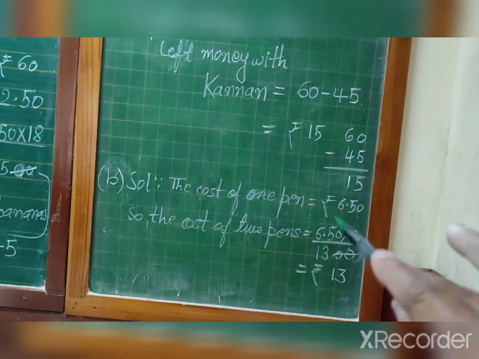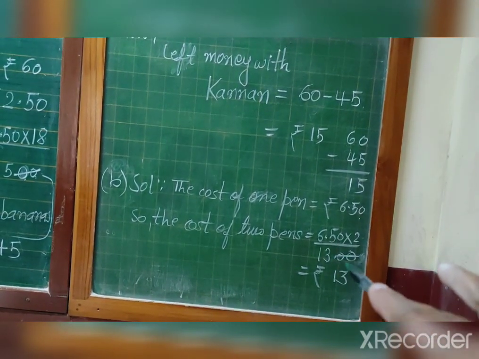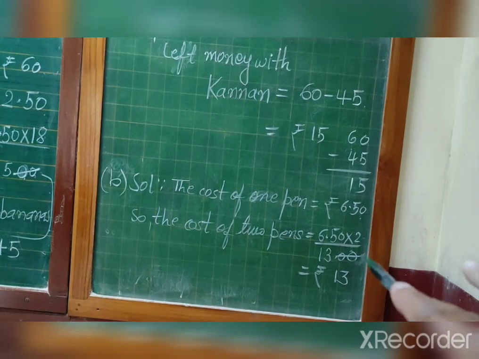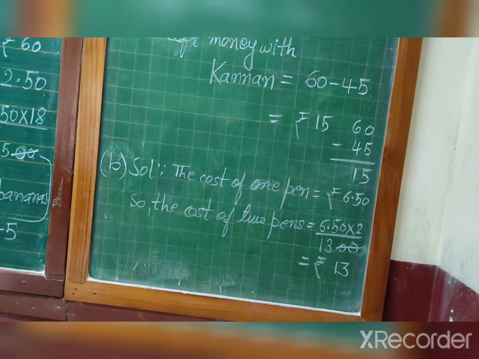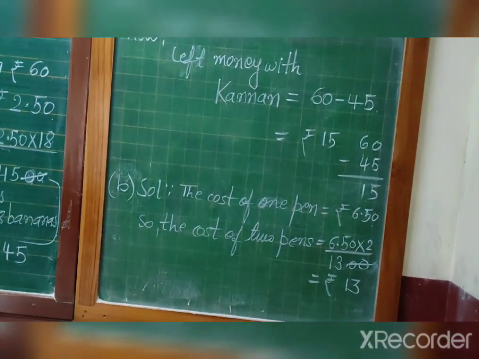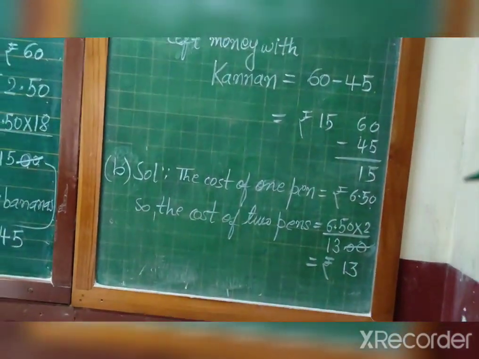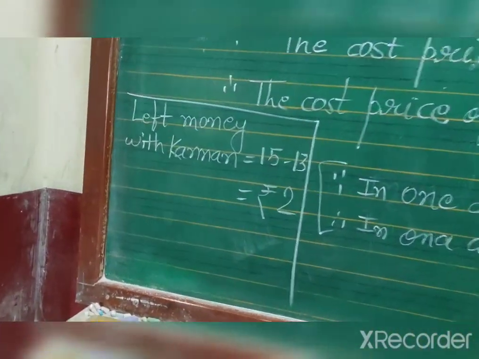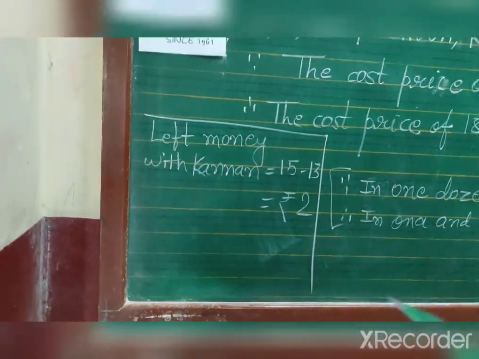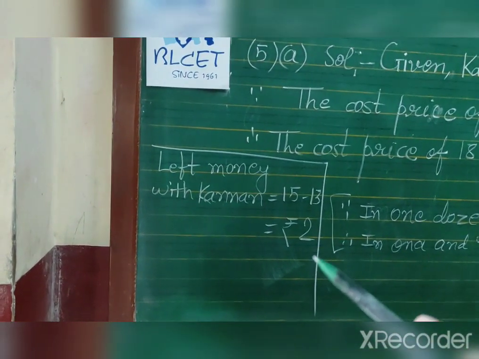Before 2 digits is the decimal. When you put the decimal, after the decimal you can see 0s you can cancel. So the cost of 2 pens is equal to rupees 13, and Kannan is having rupees 15. Then the left money again: left money with Kannan, 15 minus 13, that means rupees 2.